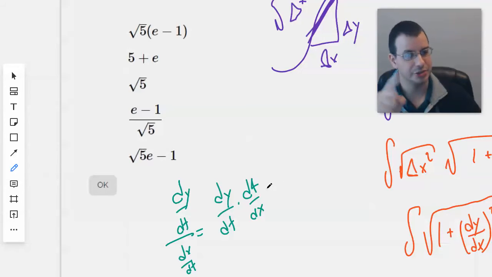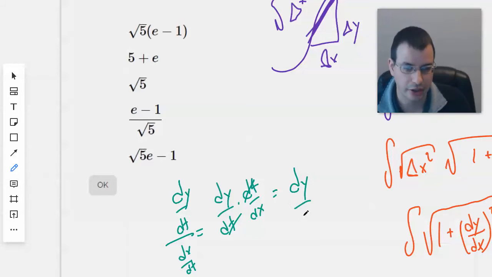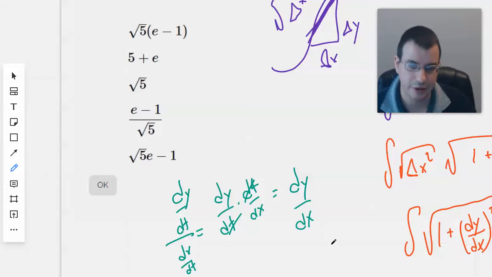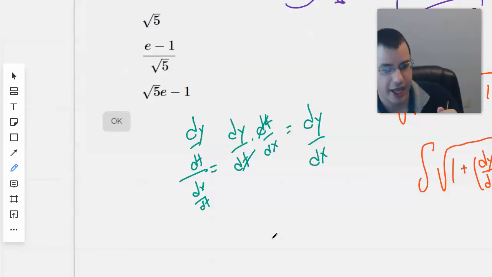Dividing by fractions, you multiply by the reciprocal. Cancel, cancel, equals dy dx. And so we'll find dy dt, dx dt, and divide them by each other, and that'll give us dy dx.